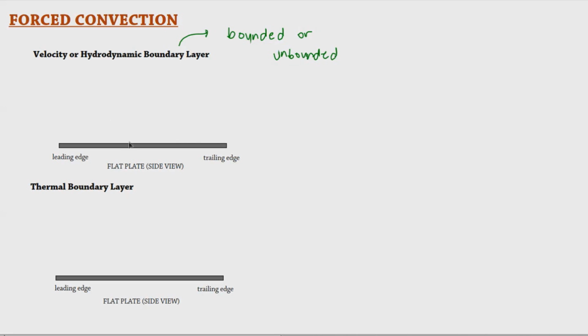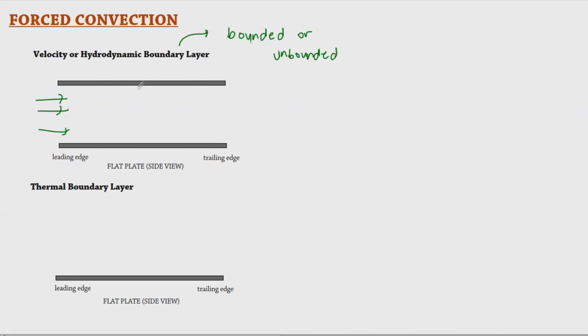So I can add some layer around here, and then it becomes a bounded boundary layer, since the fluid will flow right through inside this pipe. In this case, it has a boundary at the lower and the upper part. So we call this the bounded boundary layer.